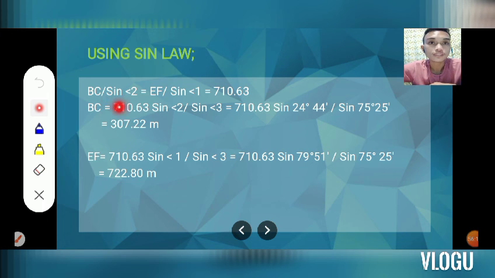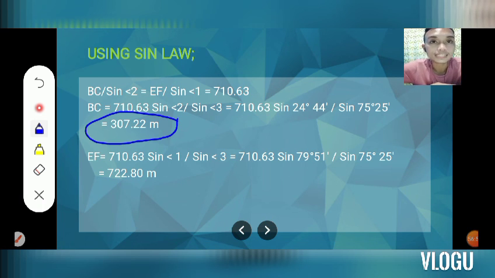So BC is equal to 710.63 sine 24 degrees 44 minutes divided by sine 75 degrees 25 minutes, which is equal to 307.22 meters. So the length of BC is 307.22 meters.